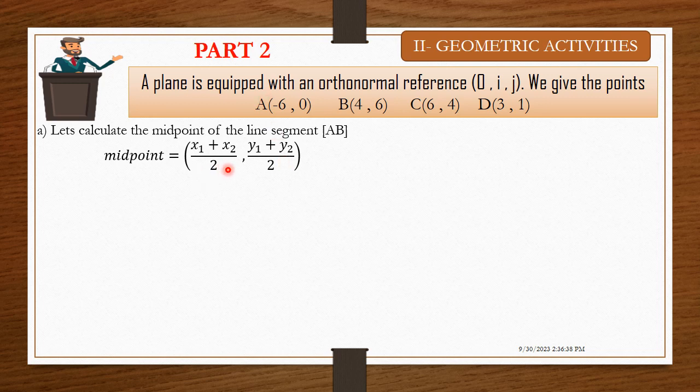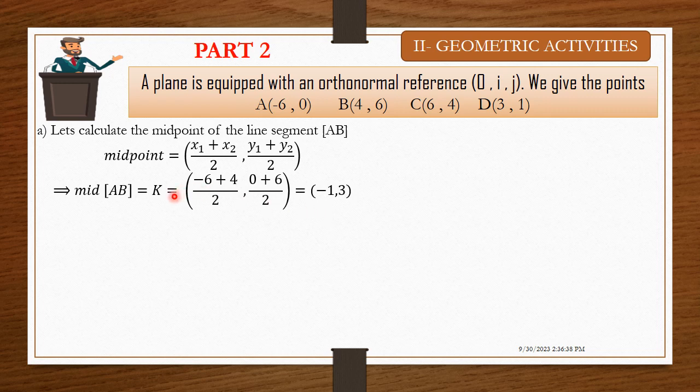So the midpoint is going to be (-6 plus 4) divided by 2, then (0 plus 6) divided by 2. It gives us (-1, 3) as the midpoint of the line segment AB.